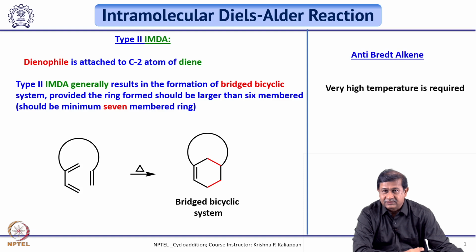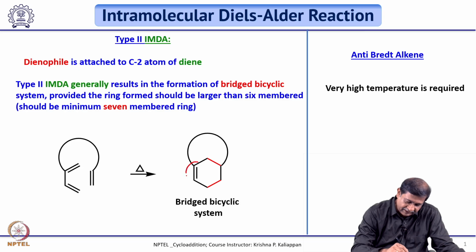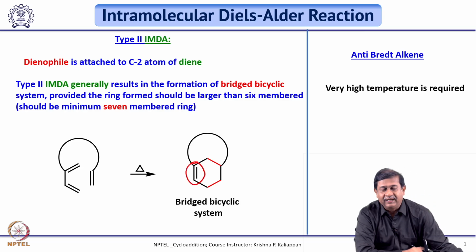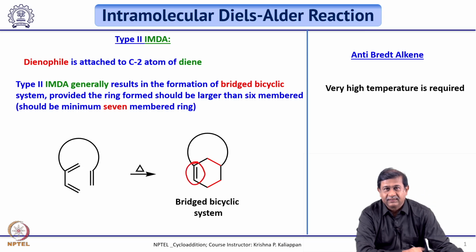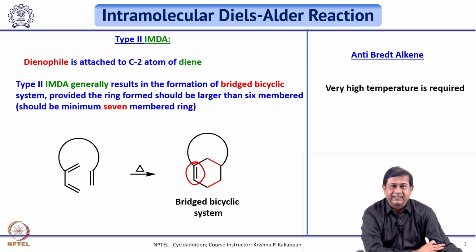One, it requires very high temperature. Second, if you look at the product, you will see a double bond at the bridgehead position. And we know, according to Bredt's rule, a double bond cannot be at the bridgehead position. But still, this intramolecular Diels-Alder reaction type 2 proceeds to form such bridged bicyclic systems.